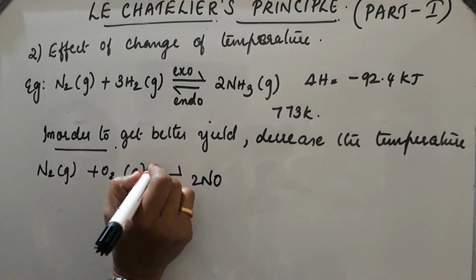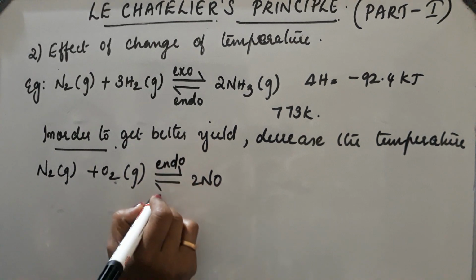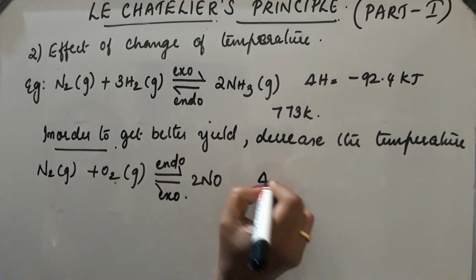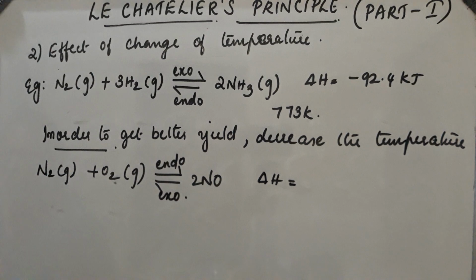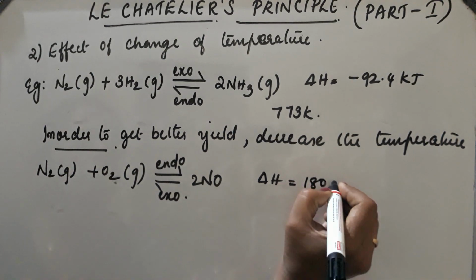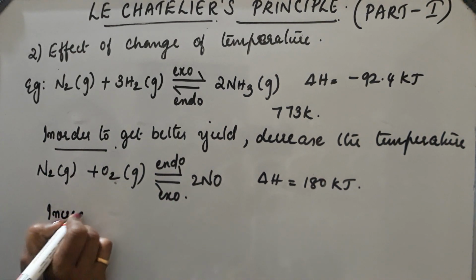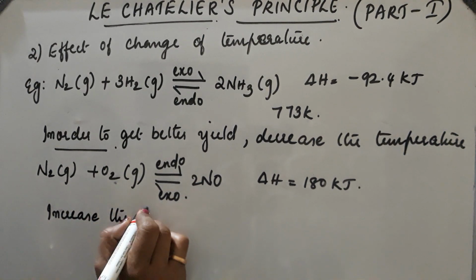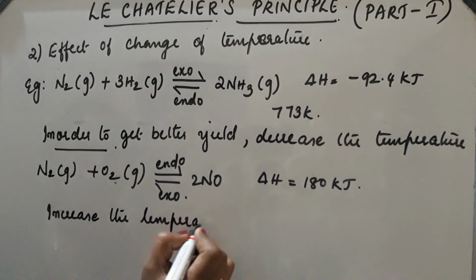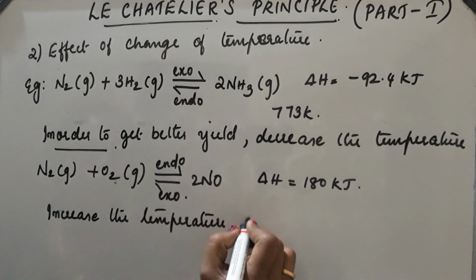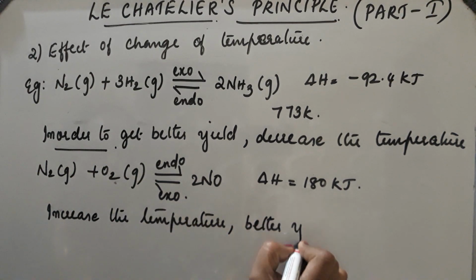In this reaction, the forward reaction is endothermic and the backward reaction is exothermic, because 180 kilojoule of energy is absorbed. So to get better yield, we have to increase the temperature. These are some of the examples.